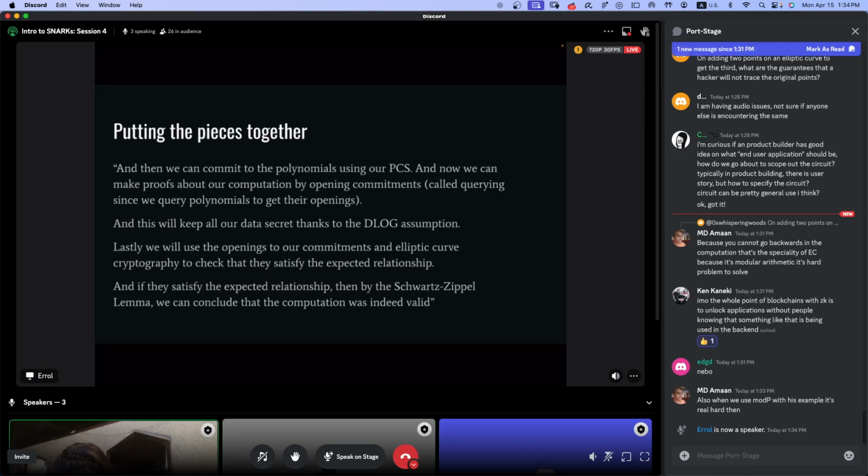So here we wanted to... this is extracted fully from the online content, and it's putting a lot of these pieces together. So we want to go over it because it's quite dense. And this is in the context of the picture we just drew halfway through. Once we make the polynomials, we can commit to them using our polynomial commitment scheme, as we said.